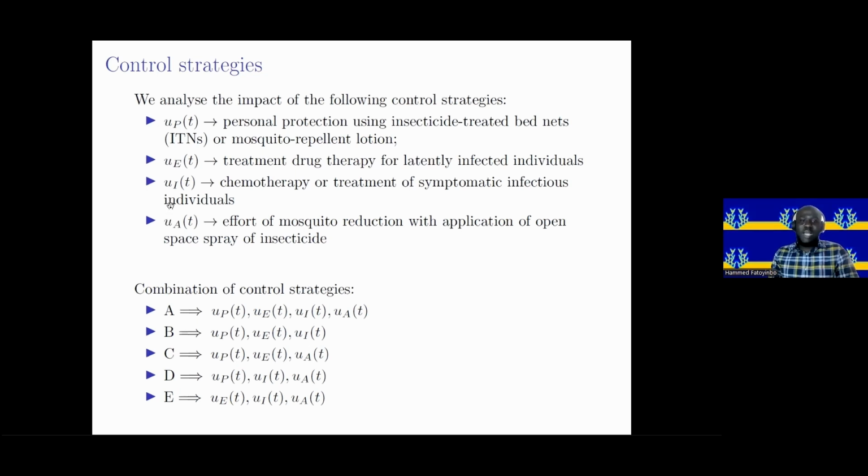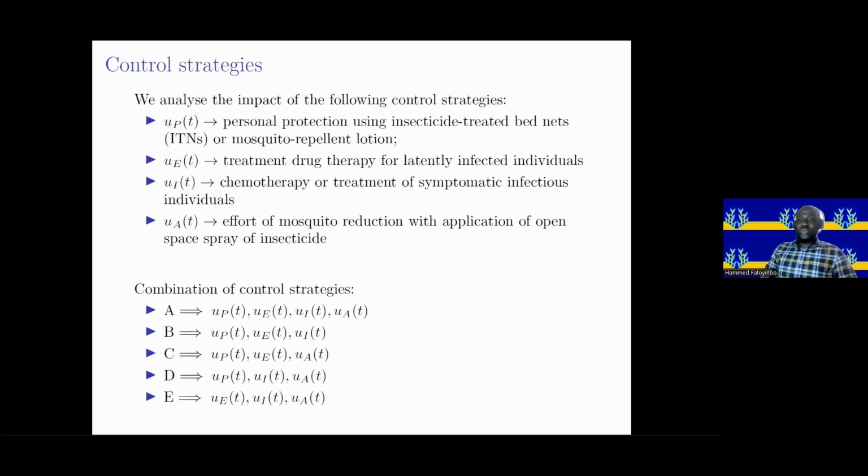We have the UI, which is the treatment of the symptomatic infectious individual, and UA, which is the use of the adulticide, which is also the open spray, the spray of insecticide across the environment. So we solved our model using the Pontryagin maximum principle by considering the objective functions. In our objective function, we've included all these 4 control strategies in the model.